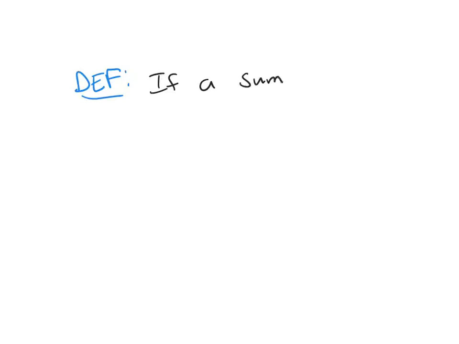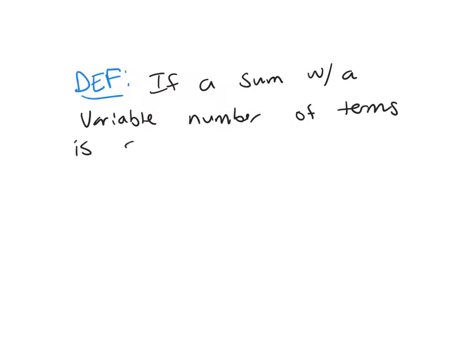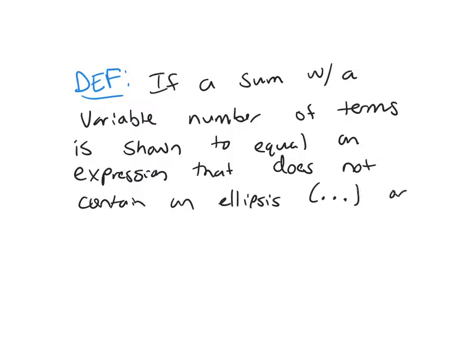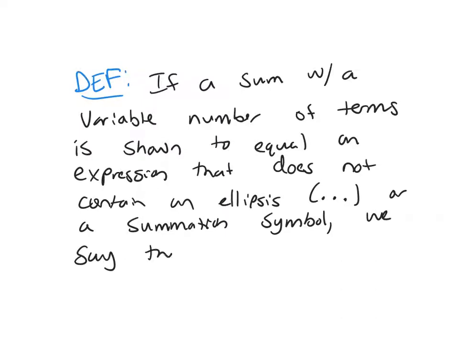If a sum with a variable number of terms is shown to equal an expression that does not contain an ellipsis, which is the ..., or a summation symbol, we say the sum is written in closed form.